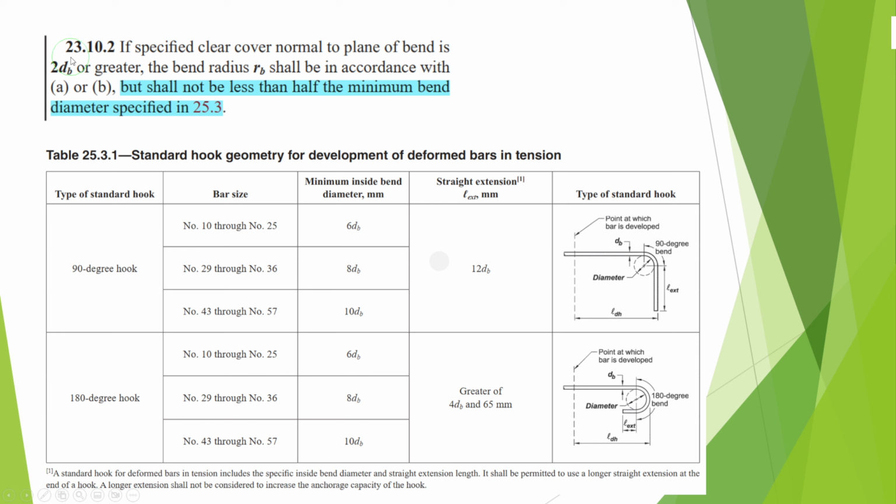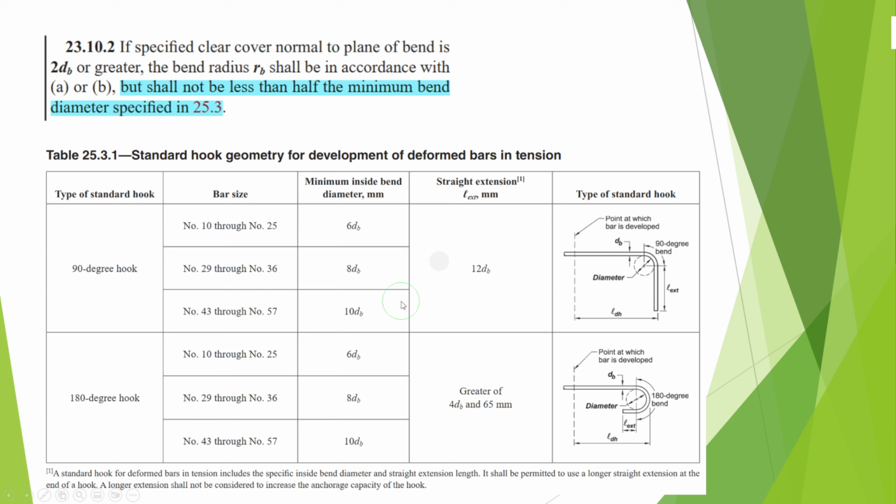Because if you open chapter 23, provision 23.10.2, this is the same topic we are talking about today, curved bar node. Here they mention that the bend diameter for the standard hook or the 180 degree shall not be less than the values calculated from this table.